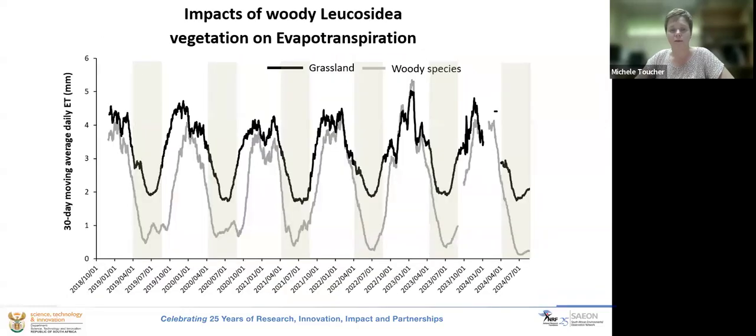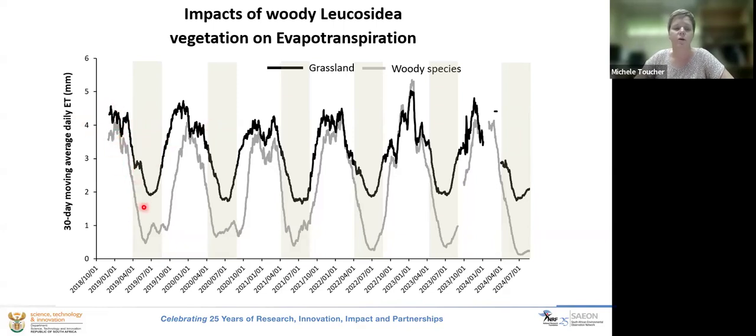Moving on to the ET. What we found here is during the summer months, as is clear on the graph, this is a 30-day moving average of daily ET from 2018 to July 2024. During the summer months, the ET from the woody vegetation, from the Leucosidea in catchment 9, and from the grassland is quite similar.